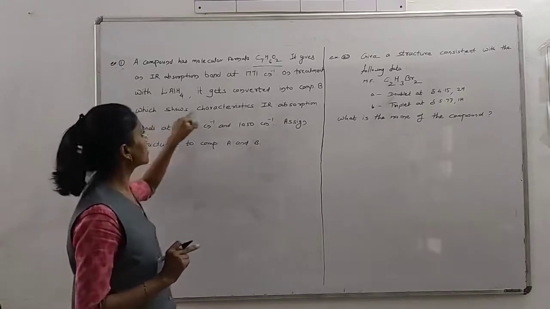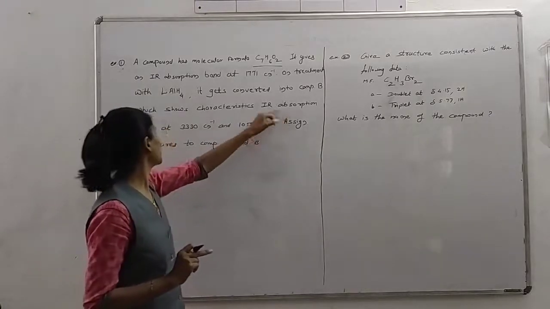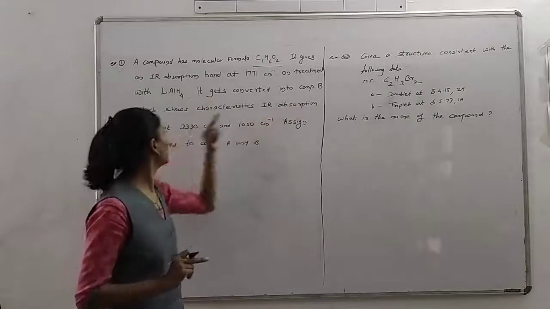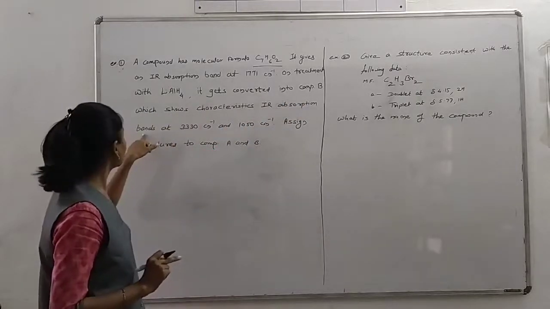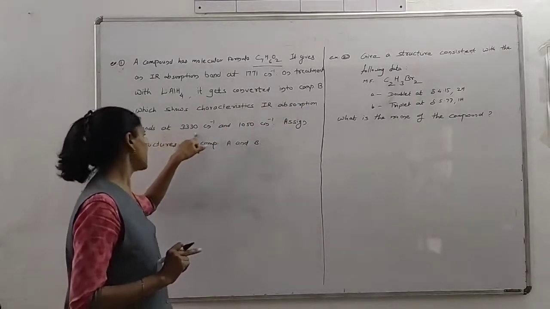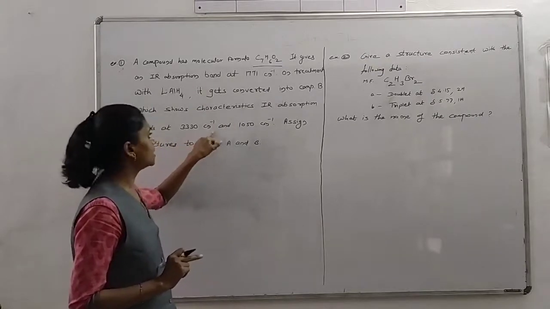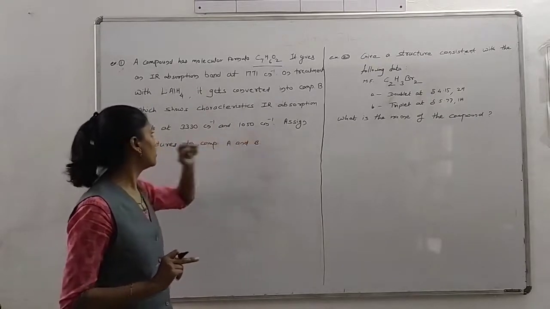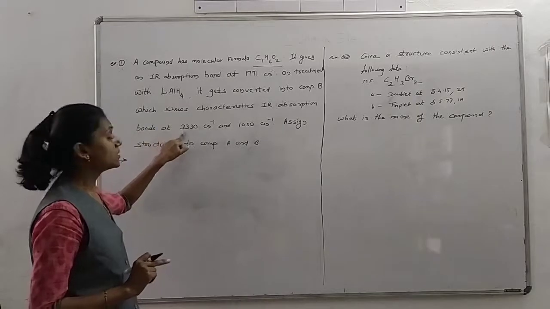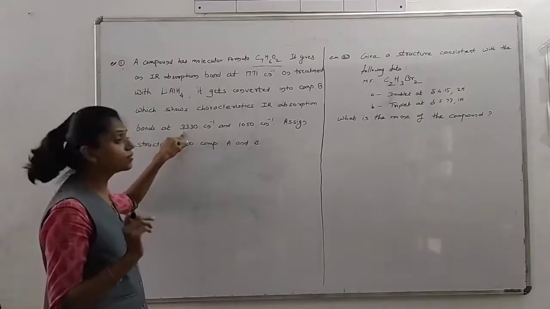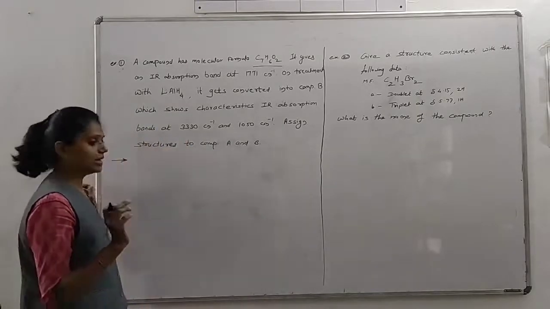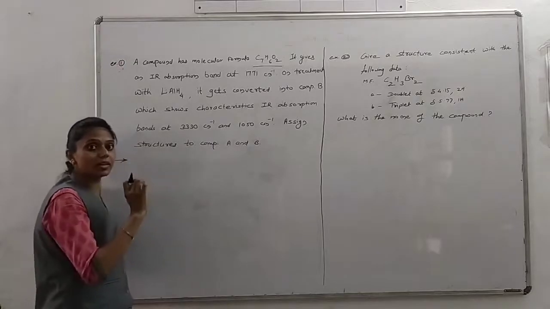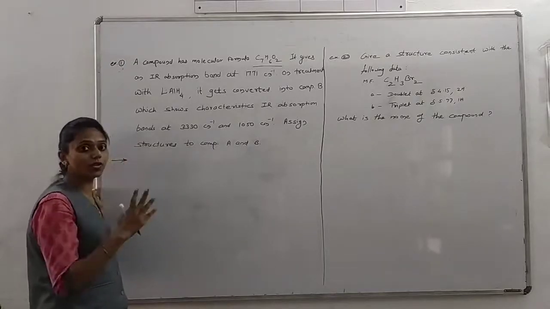Here it shows the characteristic IR absorption of compound B: absorption bands at 3330 per centimeter and 1050 per centimeter. When we studied the IR region, there are 4 regions.